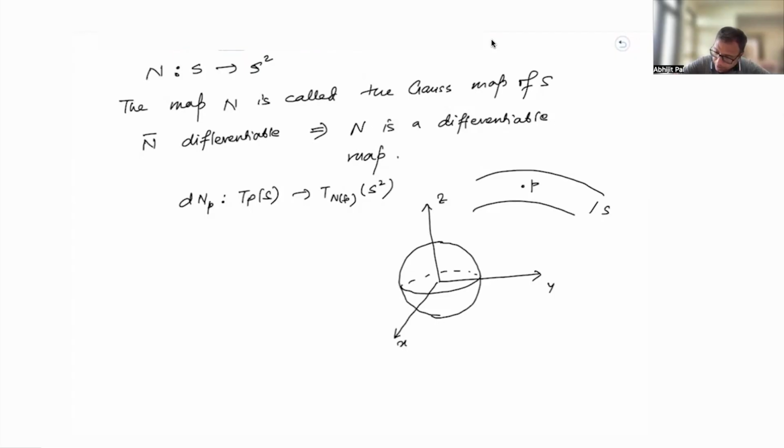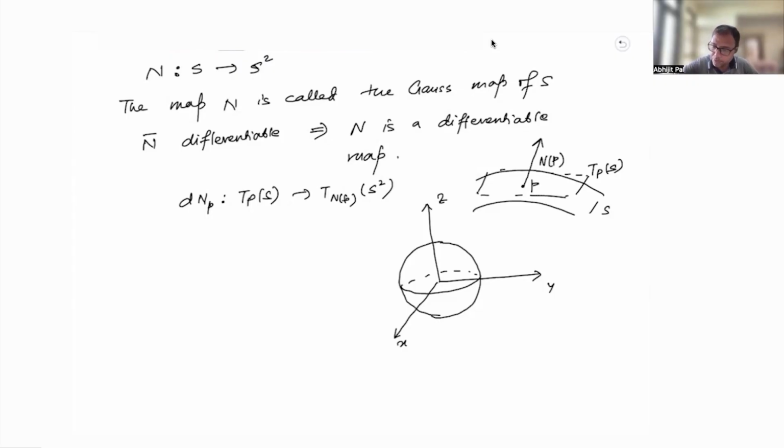And now at this point P, I have the unit normal vector NP, which is orthogonal to the tangent space TPS.